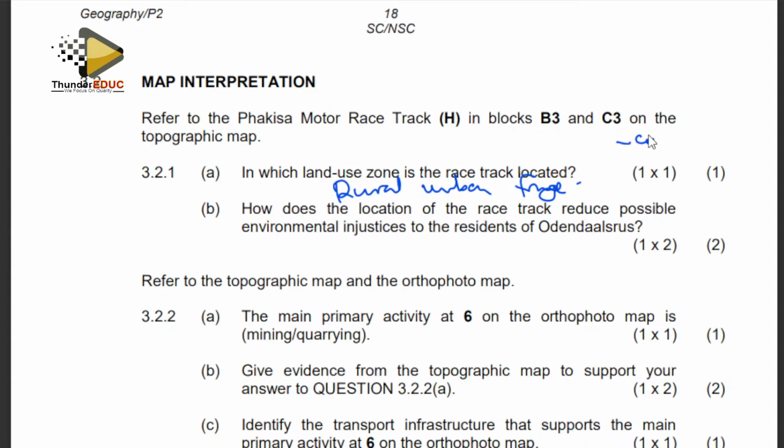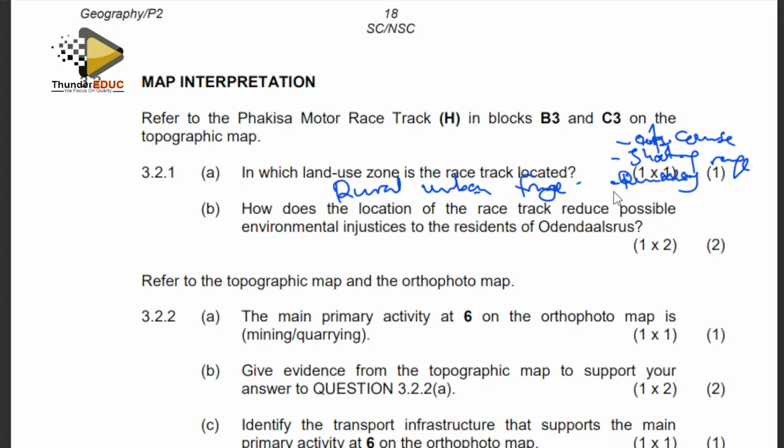Number 1, these are the indicators. If you see a golf course, that means that is where we see the rural urban fringe. If you see the shooting range, that is where we see the urban fringe. If you see the runway, or we can call it the landing site, that can only be found in that region.